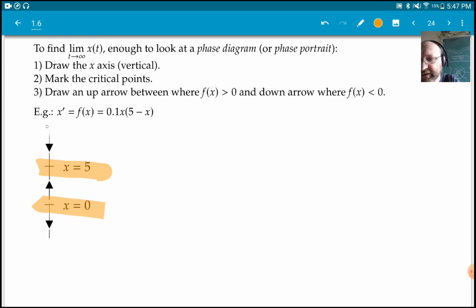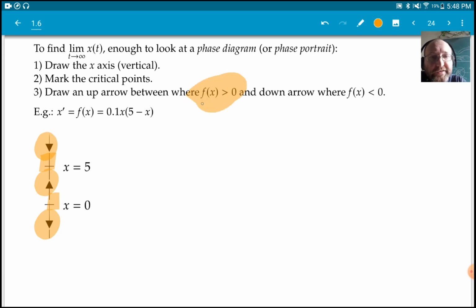So we drew the vertical x-axis, I drew little lines at these critical points, those are going to be the equilibria, and then in between I put in this up or down arrow based on the sign of f.